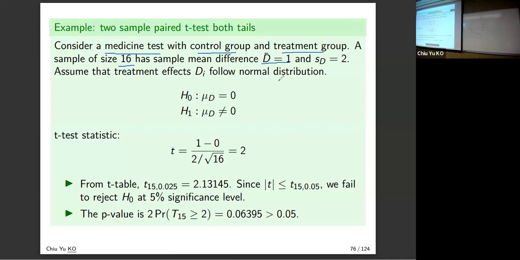So how do you pair? In our case, the example is the same boy, before he has no girlfriend, now he has a girlfriend. But in a medical test, how can you do it? You can either have medicine or have no medicine.